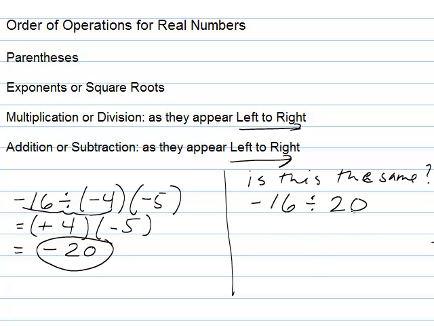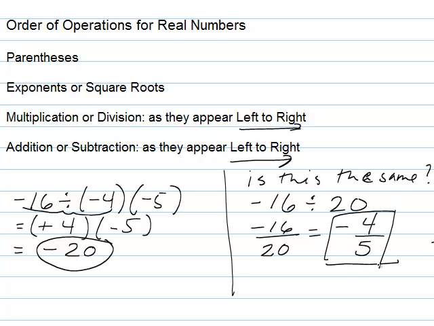All right, well, we can change this into negative 16 divided by a positive 20, and so we now can reduce this fraction. I have a negative. I can see there's a 4 in both. I can reduce this by dividing 16 by 4 and getting 4, dividing 20 by 4 and getting 5.